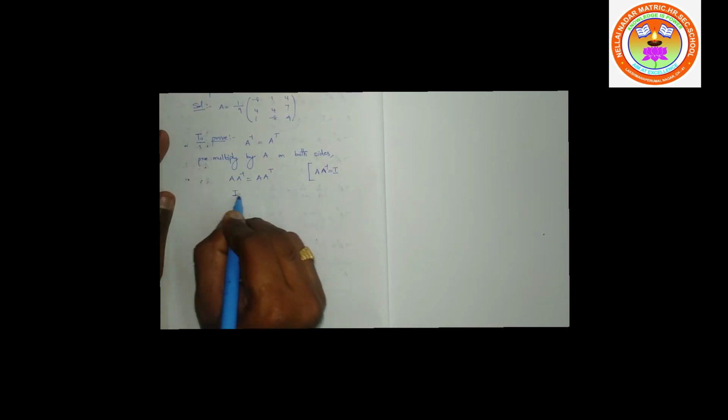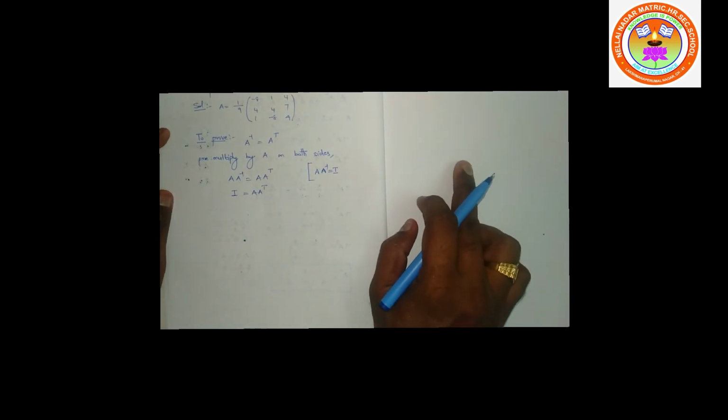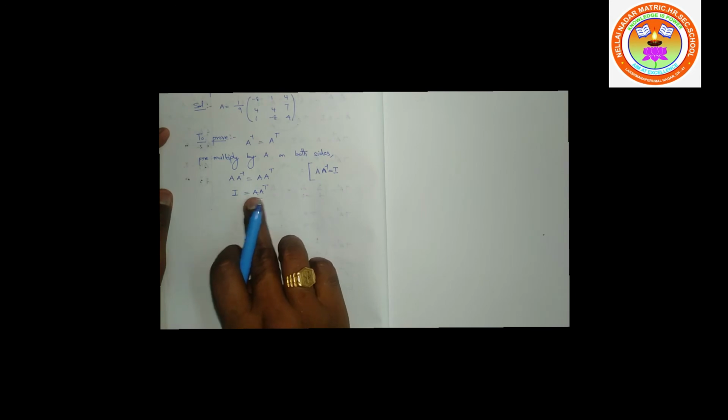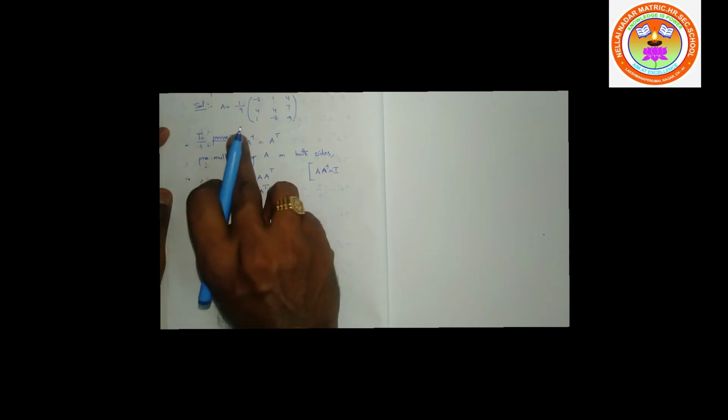Now, we learned in the fourth sum that A multiplied by its inverse gives I. Therefore A A inverse is I, and the right side is A into A transpose. So if we multiply A and its transpose and we get I, then the result is proved.